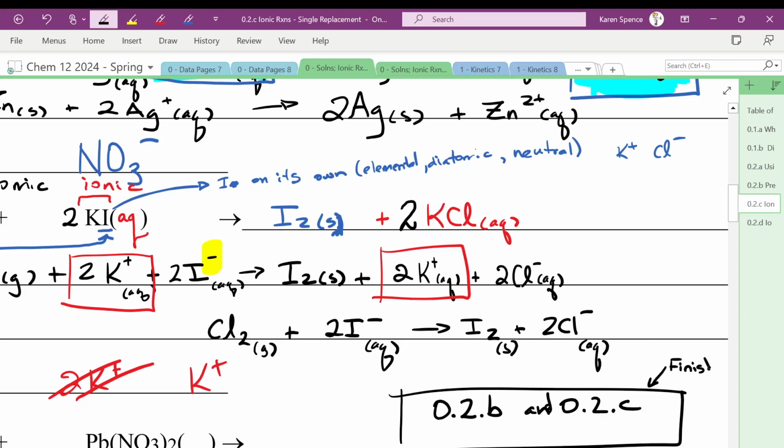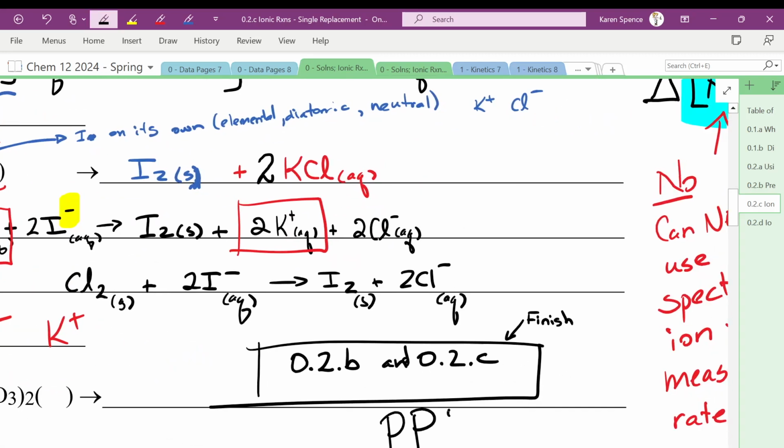I'll figure out what pages that is in just a second. Okay? Pages 21 to 24.